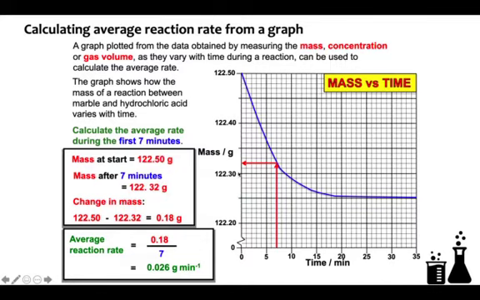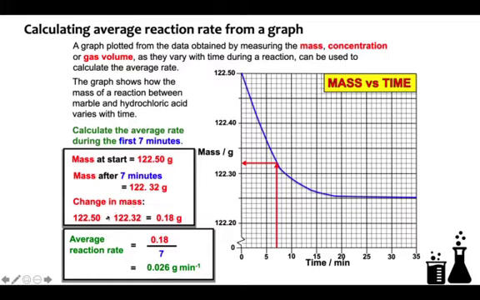And what you would do is calculate the change in mass, because if you remember all the way back when we spoke about the equation that we're going to use, it's always the change in the quantity over the time interval. So this is what we're doing here.